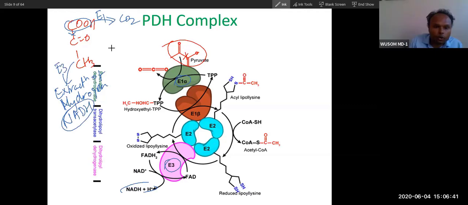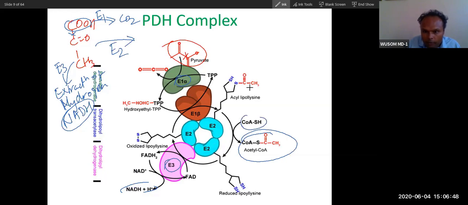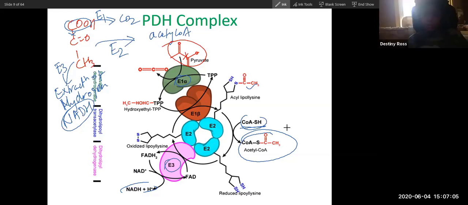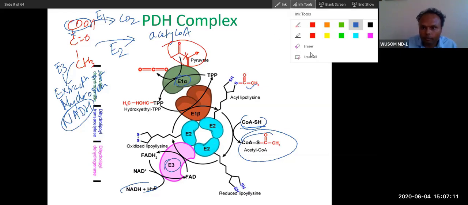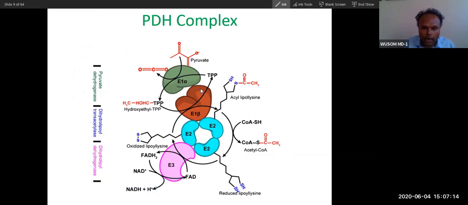The function of E2 is transfer of this acetyl to coenzyme A. So formation of acetyl coenzyme A means transfer of acetyl group to this coenzyme A. This is E2. Did you understand this? Yes. So these three enzymes cooperate together to do this whole function that I told you.